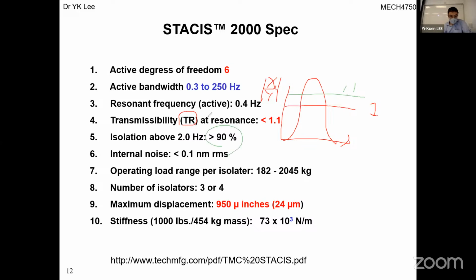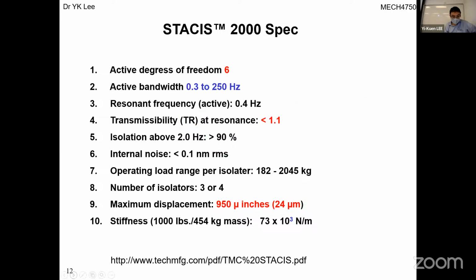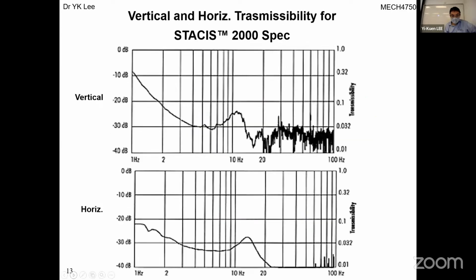And one of the critical things is what? The requirement is maximum vibration displacement. It should be very small, 24 microns. Remember, we use this to make nano-scale transistors for IC fabrication, so if vibration is too big, it's very difficult to make these nano-scale devices on the silicon wafer.